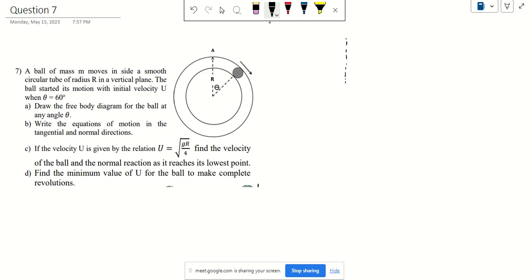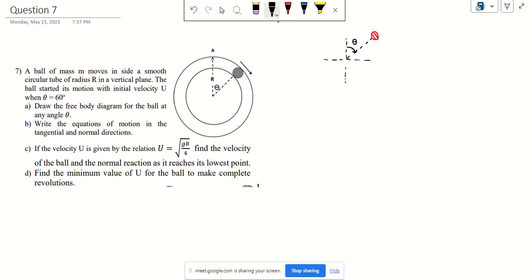free body diagram. This is the center of the circle, and he just defined this as theta. I'm going to choose any arbitrary position. Let's say that this particle is at this point. Can't we choose any point?